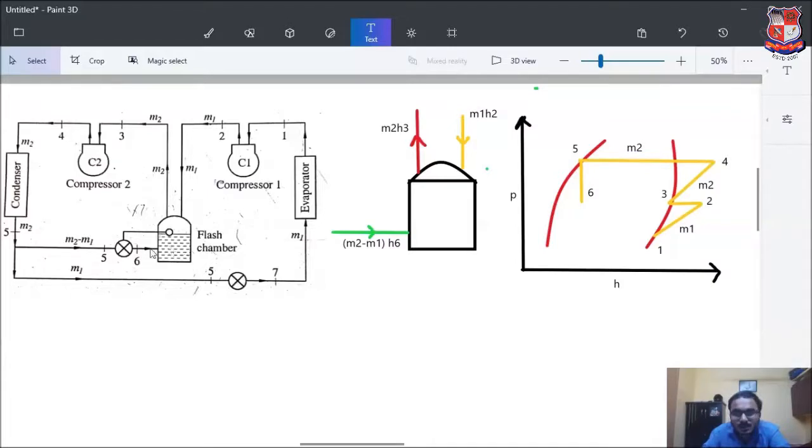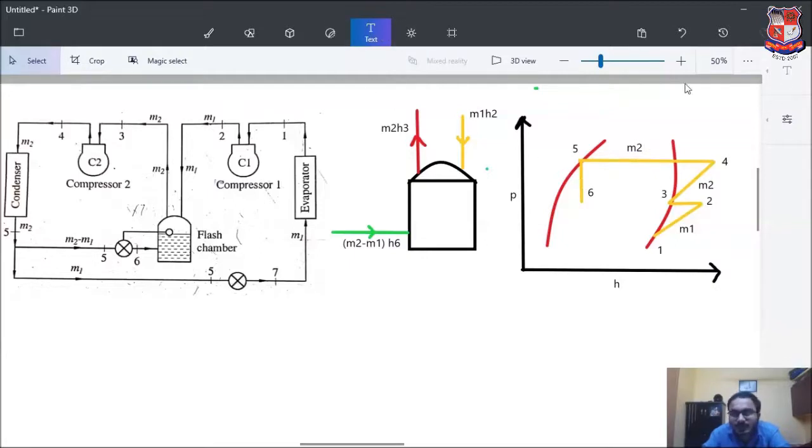Now from 6, as I was telling you, this M1 is meeting M2 minus M1. So yellow is meeting with green point. That's why this is the M2 minus M1 portion. This 5 to 6 is M2 minus M1.